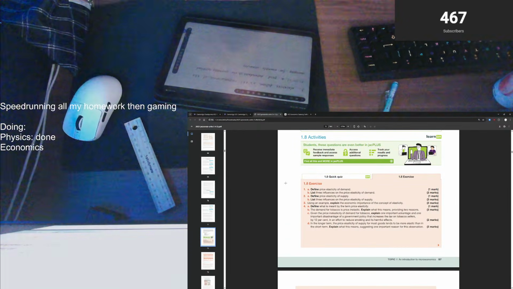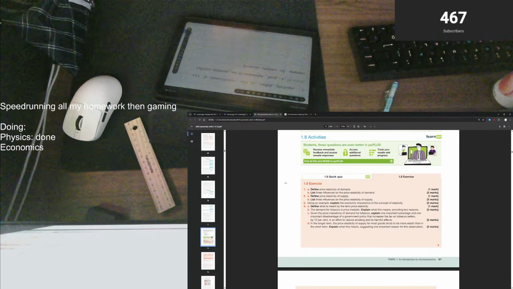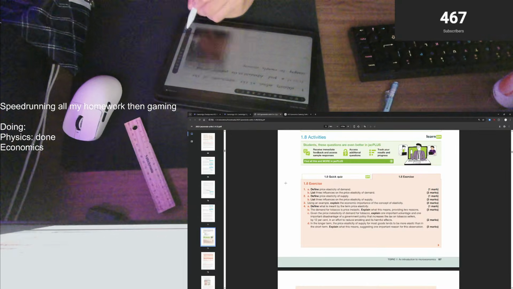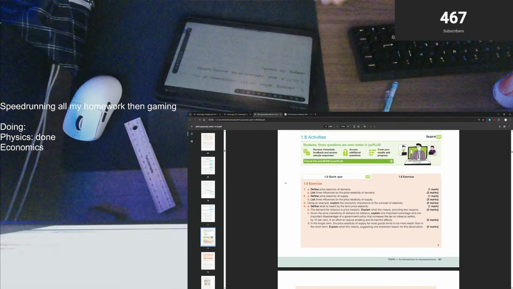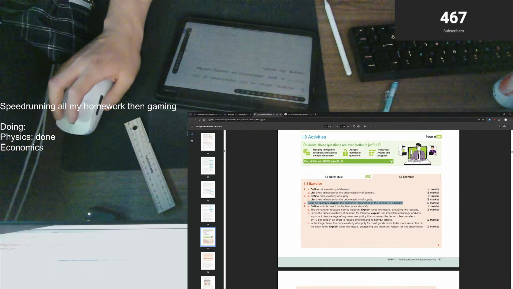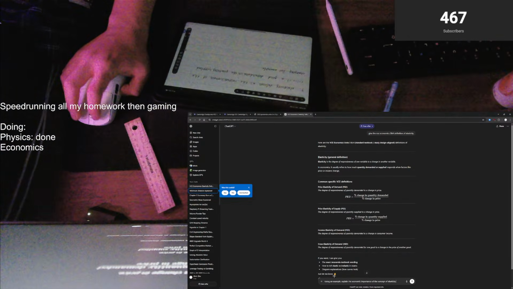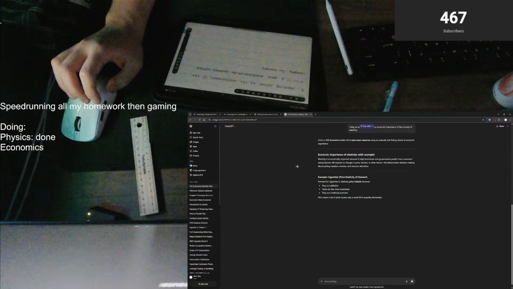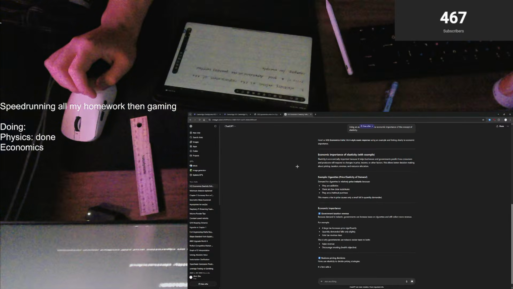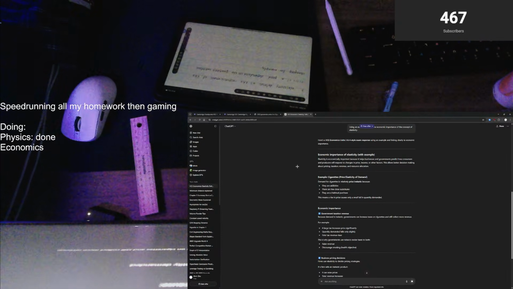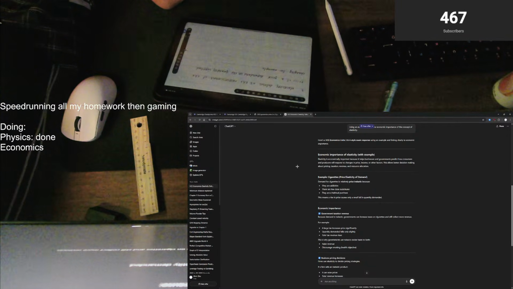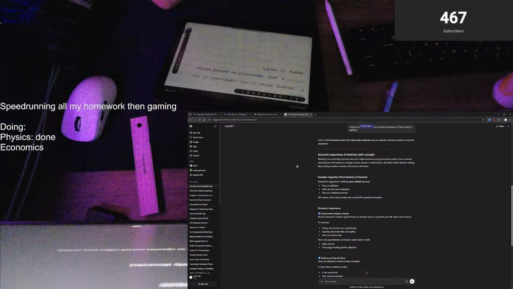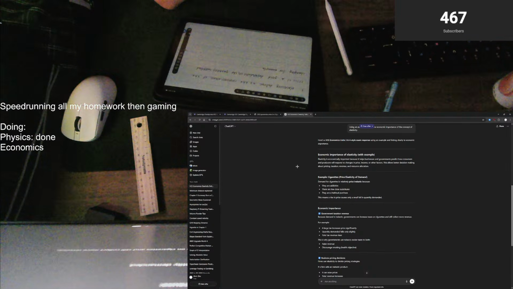Elasticity. I don't know how to do this. Stop cheating.